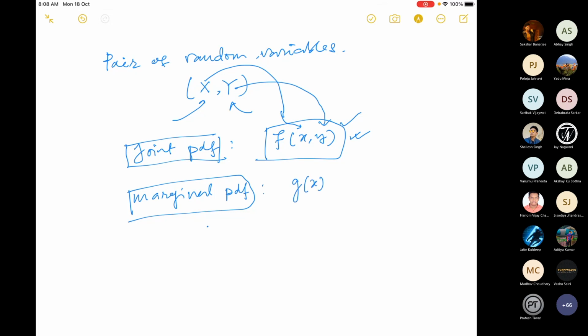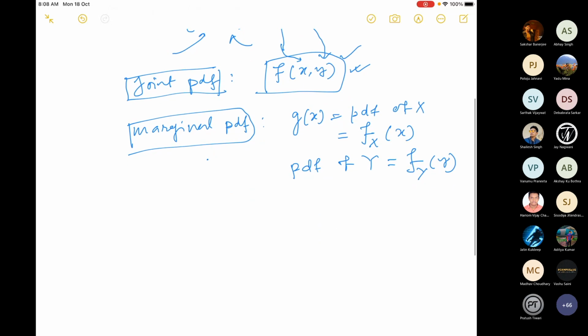Let's say that's the PDF of x, or we can simply write f_X of x. And there is a PDF of the random variable Y, which we may denote as f_Y of y. So these two are called marginal PDFs.